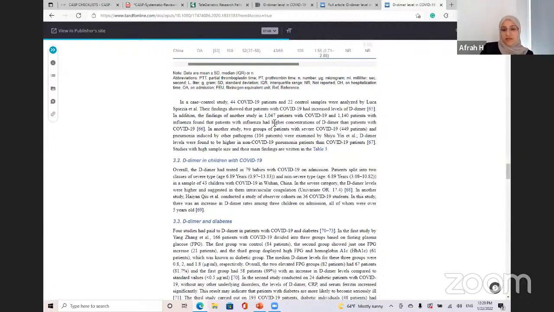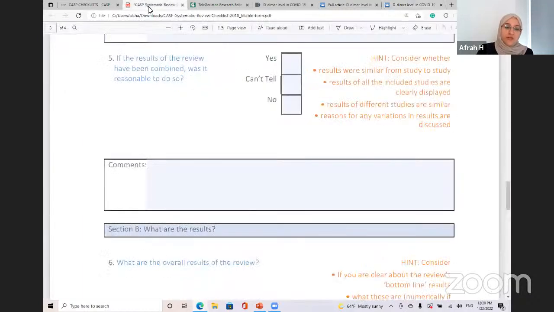So the result here is opposite to the one in 44. So in several types of studies included in all the studies, the result was opposite to the main result, which is COVID-19 patients with high D-dimer level. So I think it was not reasonable to combine the results.